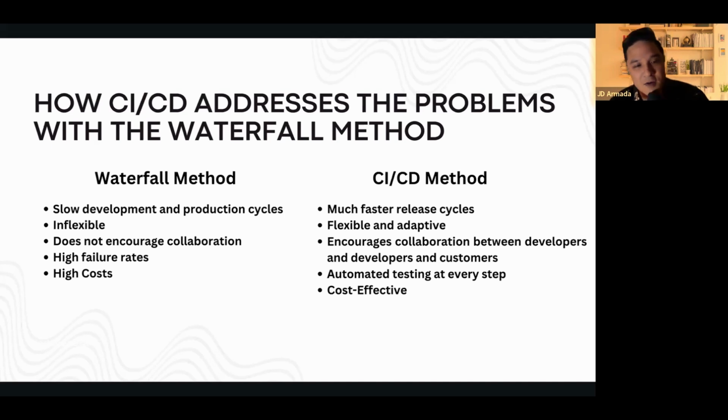Then the continuous integration part of CI/CD means that developers are constantly integrating and testing their code, which not only encourages, but almost requires developers to collaborate closely. Finally, in contrast to the high cost of the waterfall method, CI/CD focuses on automating, which reduces the work that each developer has to do, freeing them up to do what they do best, which is to build new products. So let's talk about each step in CI/CD.